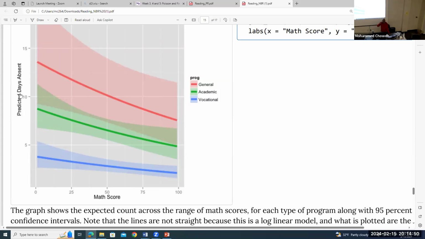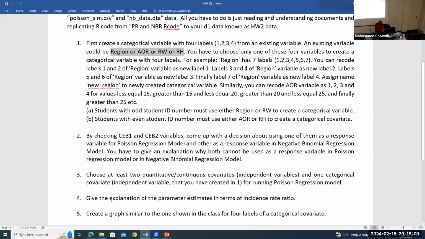Another time it will be CEB2 when she fits the other. I don't know which one, okay? That is what you will decide. And the 4 levels that she created, she is going to use that one. And in this case, for the math score, she can use either AOR or RH. Clear, right?